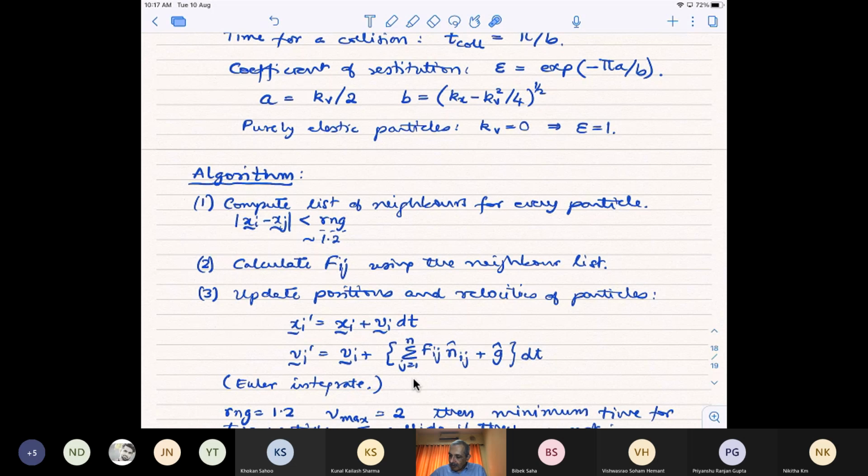So again, I have got some programs which are exactly like what we did for the hard particle simulation, just for comparison. So let me then just give you a brief demo of that.